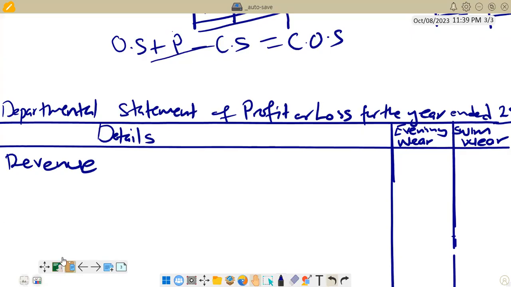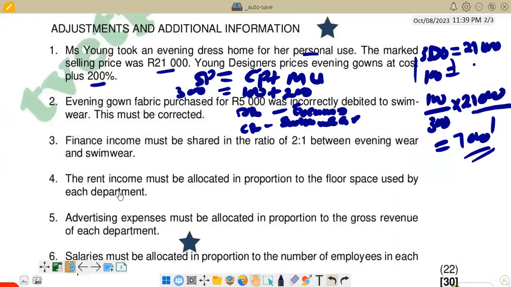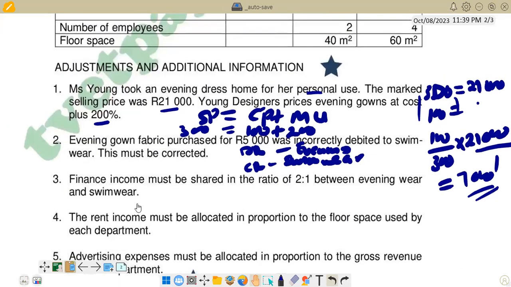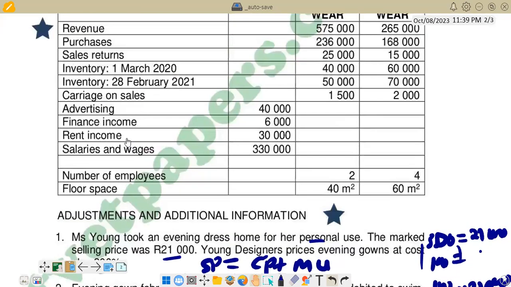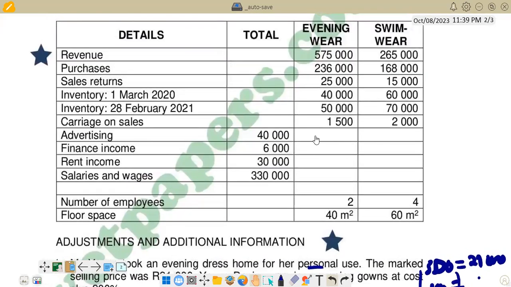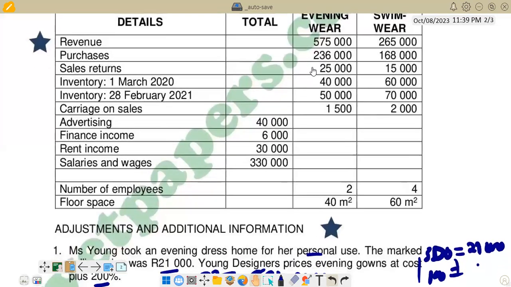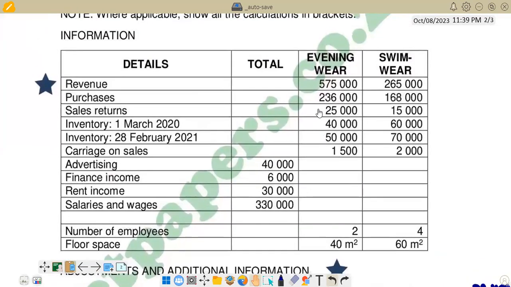So we can go there to find out what amount we have for revenue. If you go there, that's where we have got the balances. Right, we have the balances here. We have got our revenue for evening wear. Then we have got our revenue for swimwear.